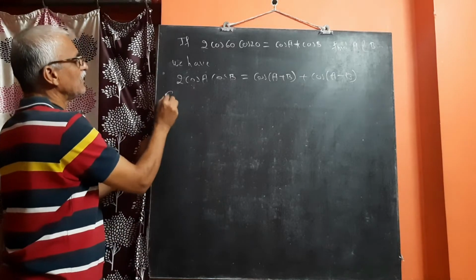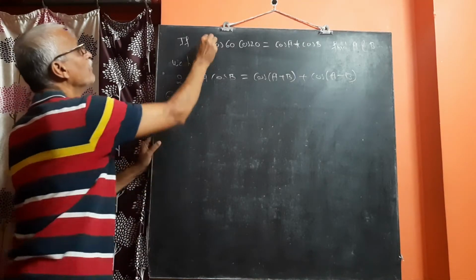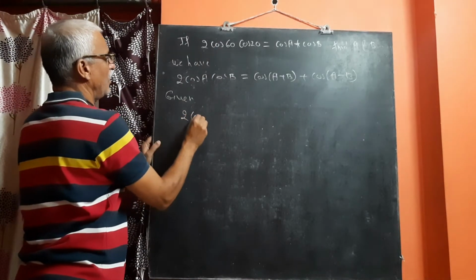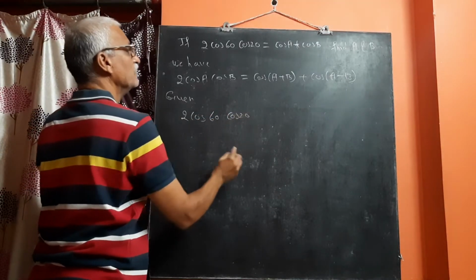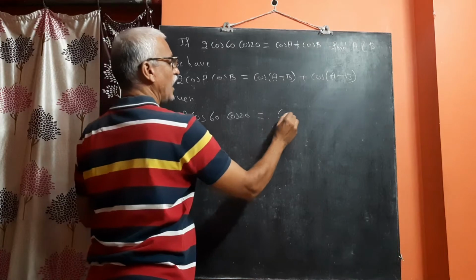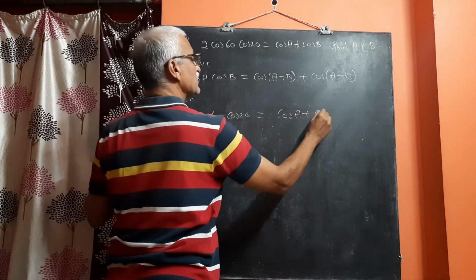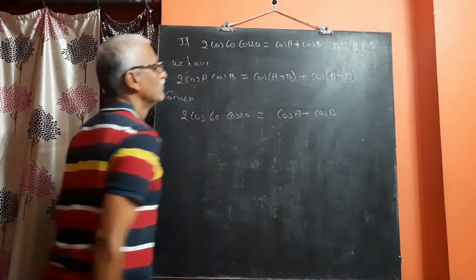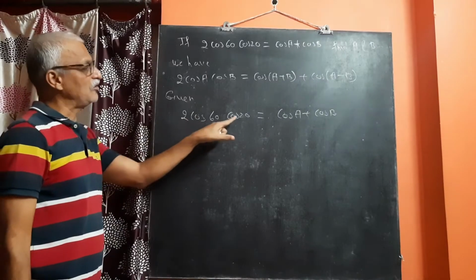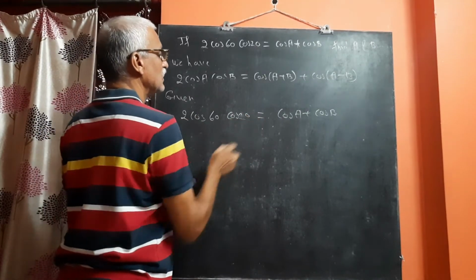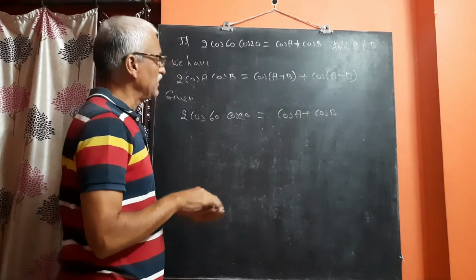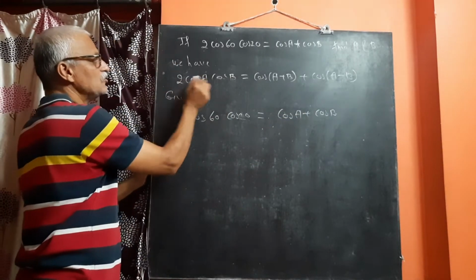We are given that 2 cos 60 into cos 20 equals cos A plus cos B. Now apply this formula. What is 2 cos A cos B?